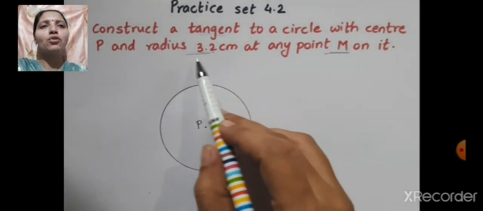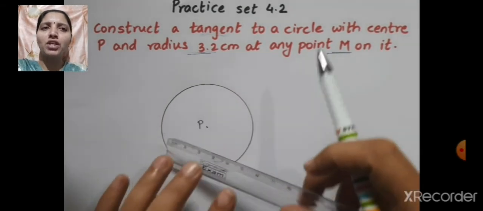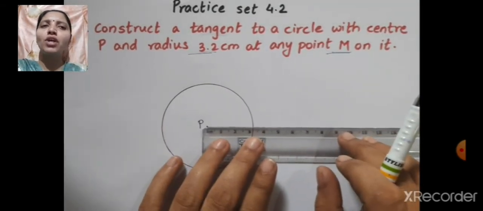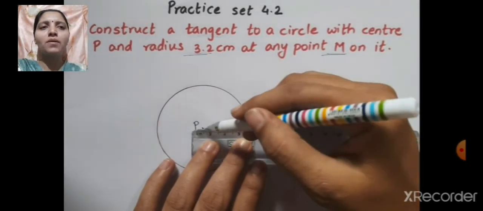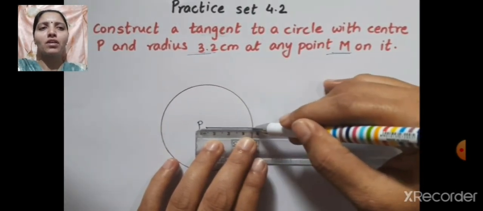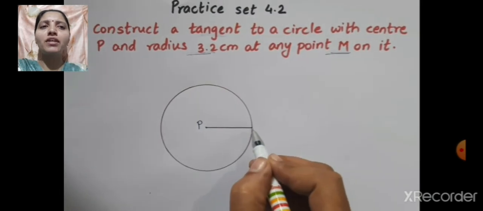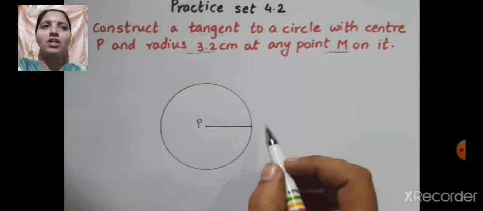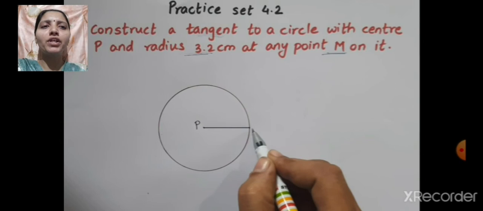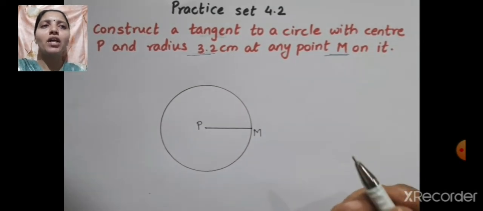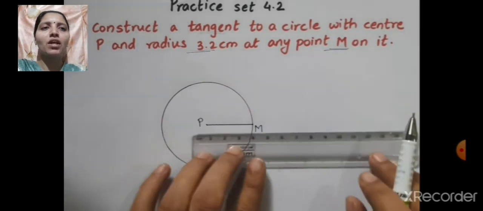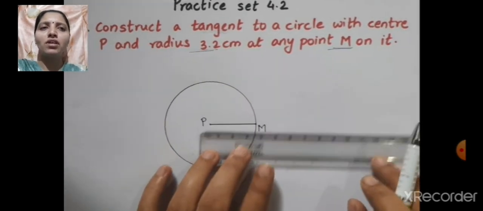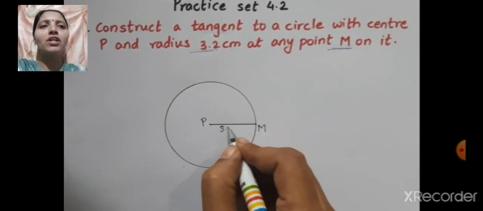Now you have to show the radius of 3.2 centimeter. You can draw the radius anywhere, so I am drawing it here. I am joining the center to any point on the circle, and I am writing that point name as M, because we have to draw a tangent through point M. So PM is the radius of the circle, and now we have to draw the tangent.